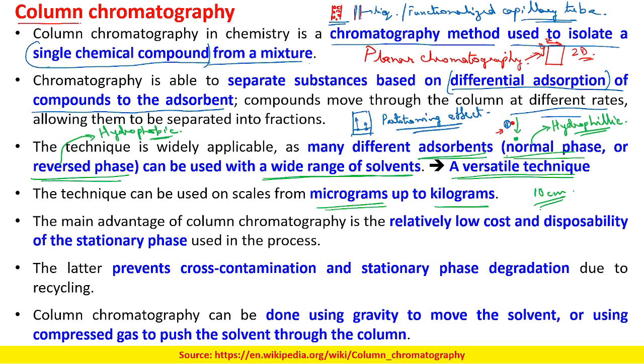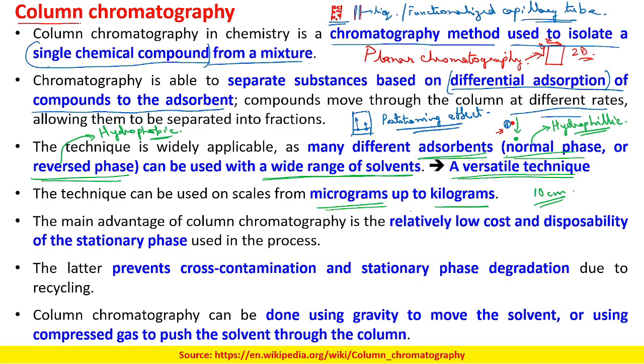Depending upon what you want to do, if it is for analysis you can go for a smaller column. If you want to purify a large amount of substance, say in industry, then you may need a larger size of column.